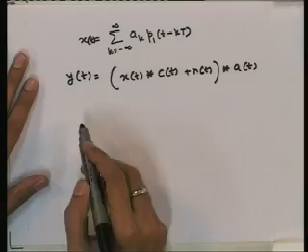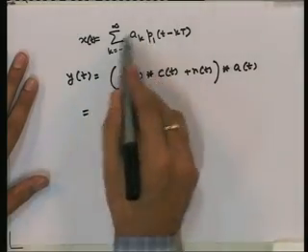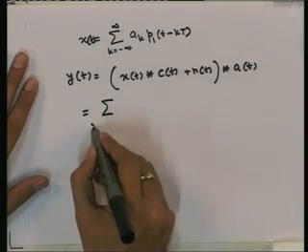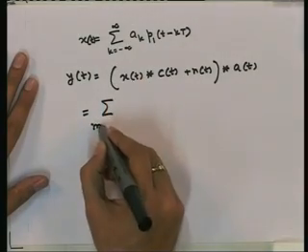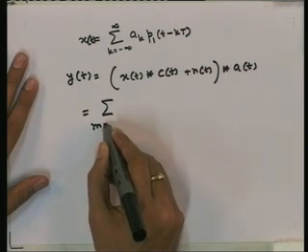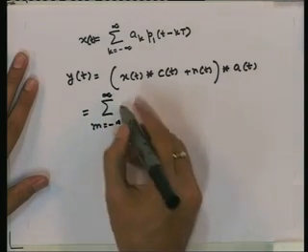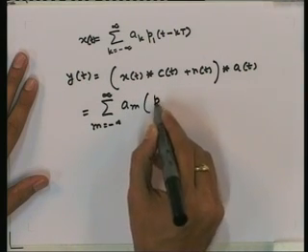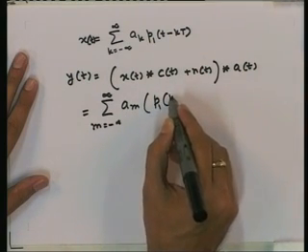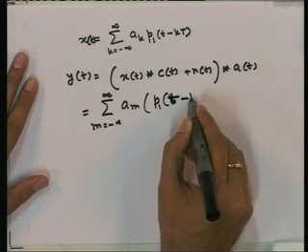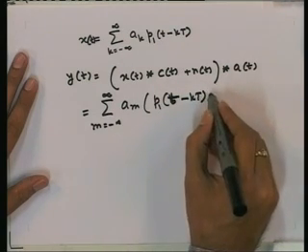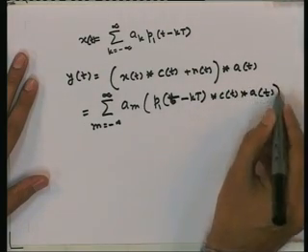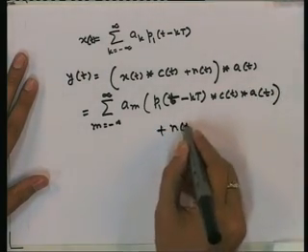X(t) is this. So, if we put X(t) equal to this, what do we get? The summation can be taken outside. Instead of k, we put m as the running variable; we will use k later. So, we have a_m, then P1(t minus mT) convolution C(t) convolution A(t), plus N(t) convolution A(t).